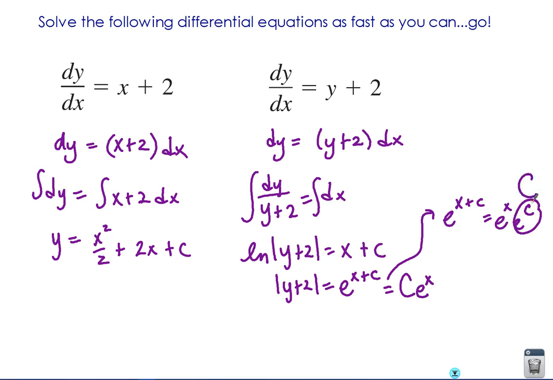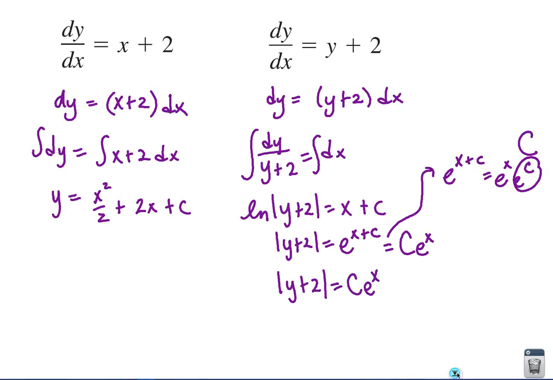Okay, so now anytime you have to undo the natural log by raising it to the power of e on the other side, you're going to take that constant and bring it out front to make it c e to the whatever. In this case, it was just c e to the x, but you would do that anytime you see this. So now I've got the absolute value of y plus 2 is equal to c e to the x. And then because of your initial condition, that will help you determine, do you want the positive or do you want the negative?